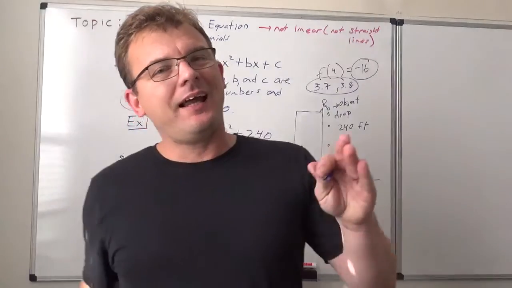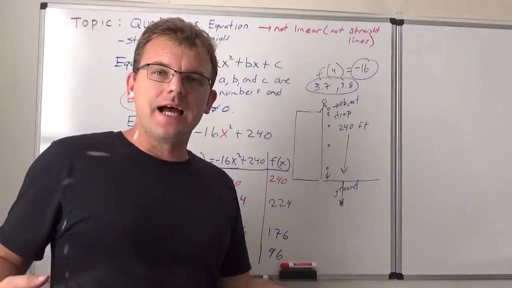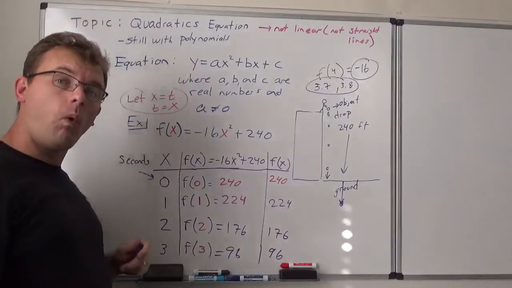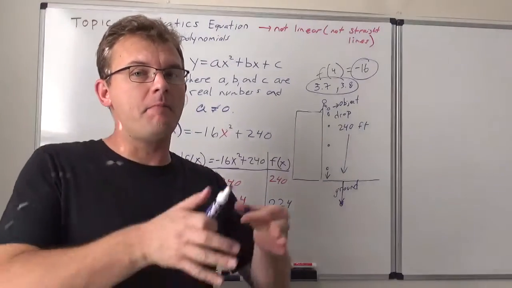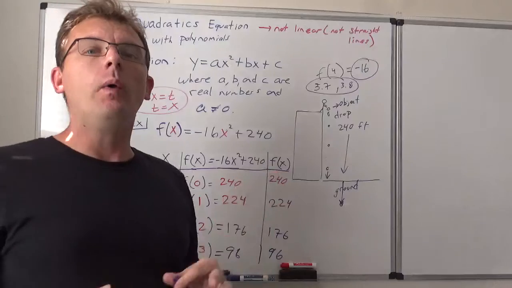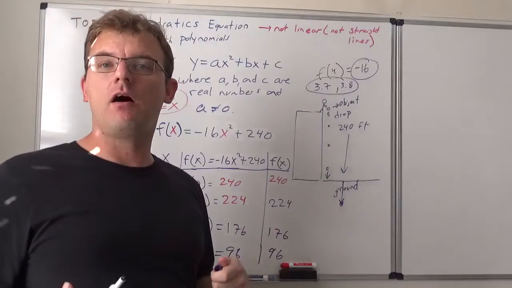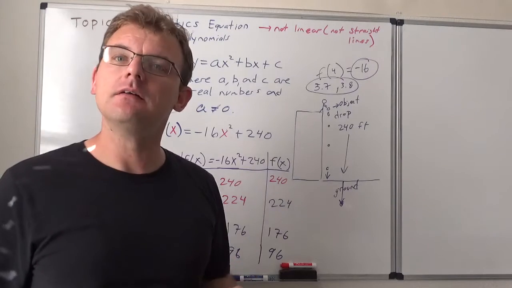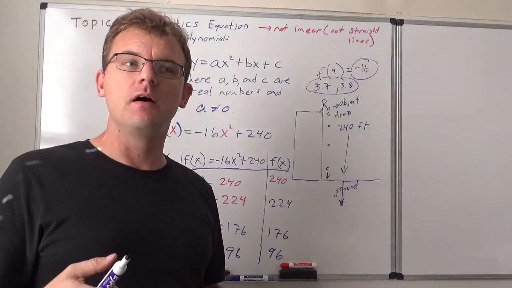So is there a way we can do this? Yes, we can plug some more data points in, or when we become better at quadratics, we can actually see a graph and also maybe do some factoring, which is the opposite of FOIL.